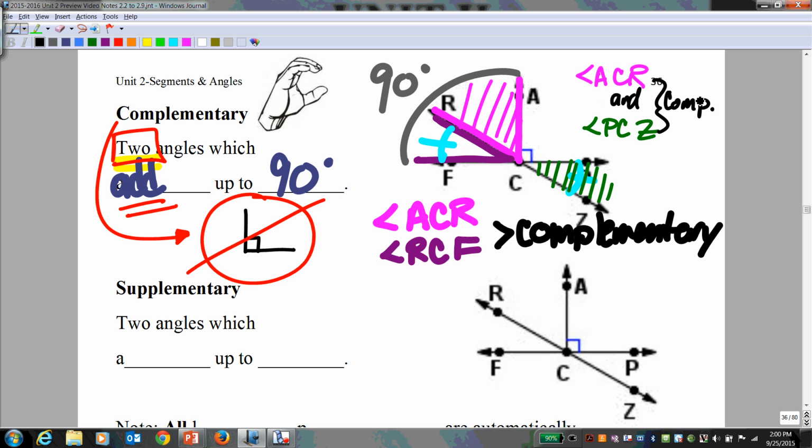They do add up to 90. If you were to add this one to this one, it would be 90. So complementary does not mean it has to be back to back, but it does mean we have two angles which add up to 90. That's complementary.